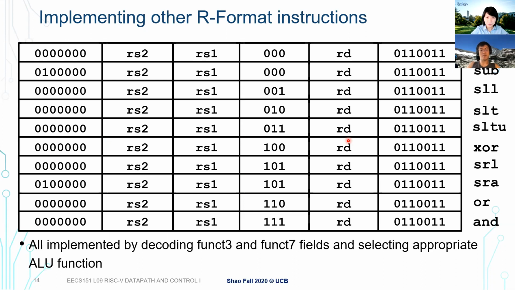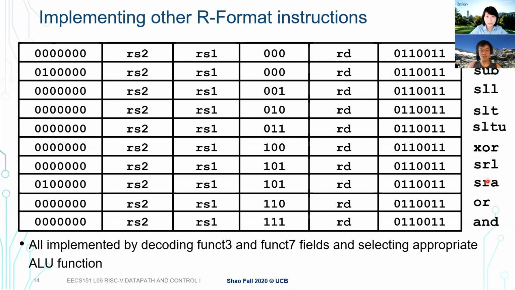As we mentioned earlier, all of those R-type instructions have the same opcode. To specify different functionality, we use either func3, those 3 bits for different operations, or a combination of func7. Here, basically the 30th bit differentiates addition from subtraction, or logical right shift from arithmetic right shift.